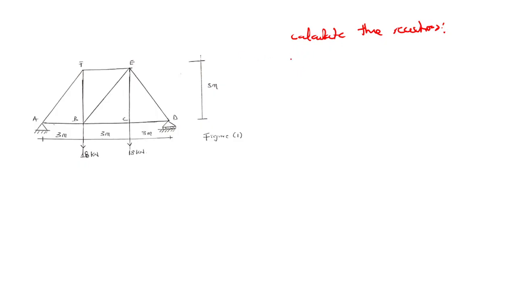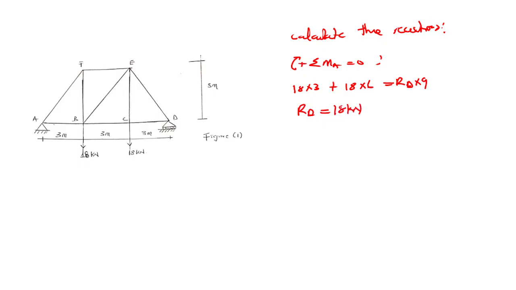So from what we've been doing, if we take moment about A, we have 18 times 3 plus 18 times 6 equals RD times 9, right? So RD will be equal to 18 kilonewton.